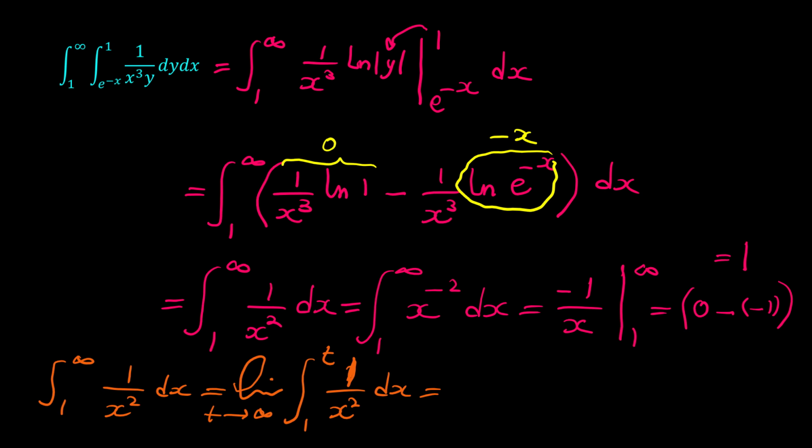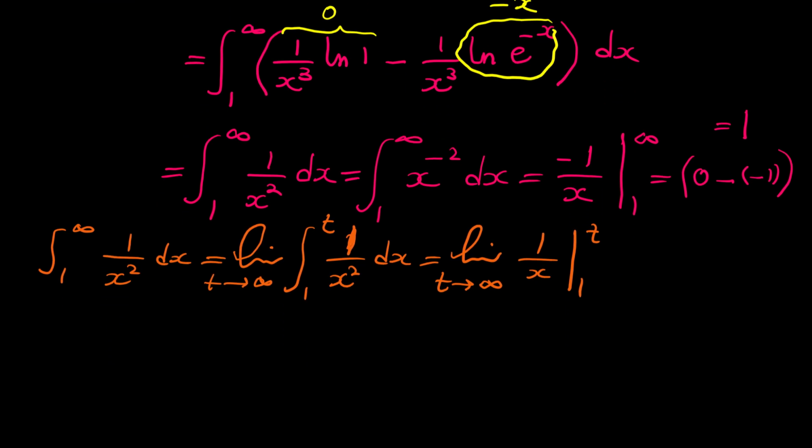Integral of 1 over x to the 2 is negative 1 over x. First we have to write the limit as t approaches infinity, of negative 1 over x from 1 to t.